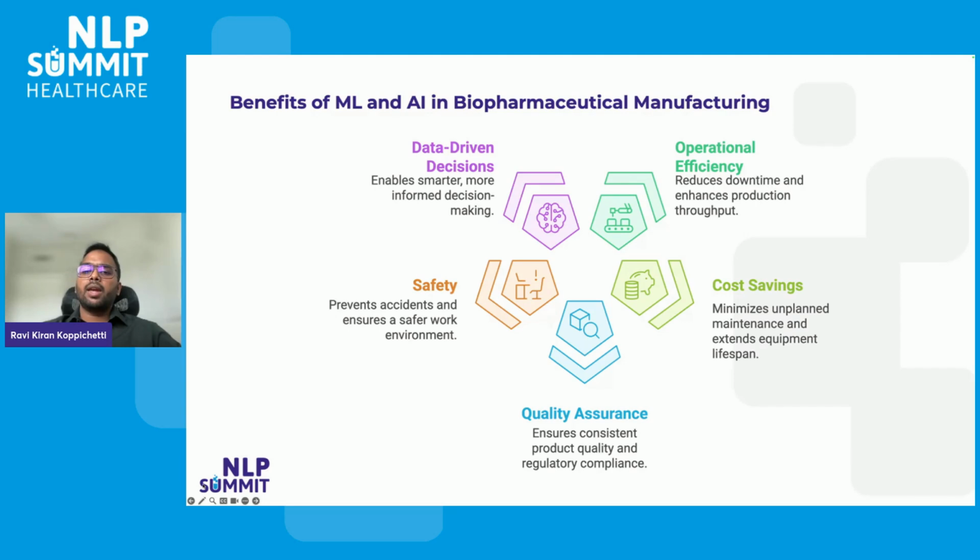These insights enable the manufacturers to make informed decisions that enhance the efficiency and also reduce the cost and improve product quality. Additionally, the ability to predict the outcomes and simulate the scenarios using the AI aids the future manufacturers in planning more effectively and responding to the challenges with greater agility.